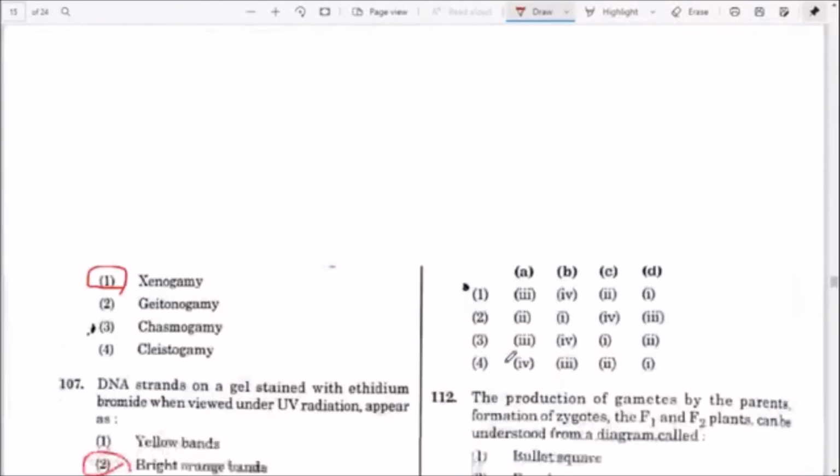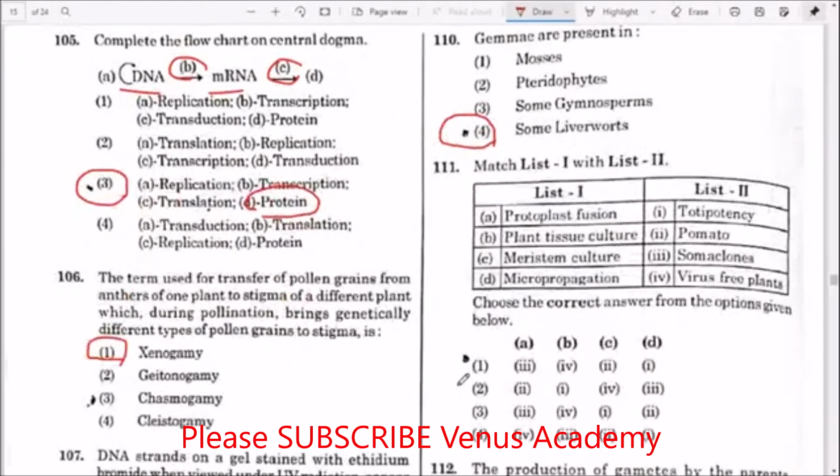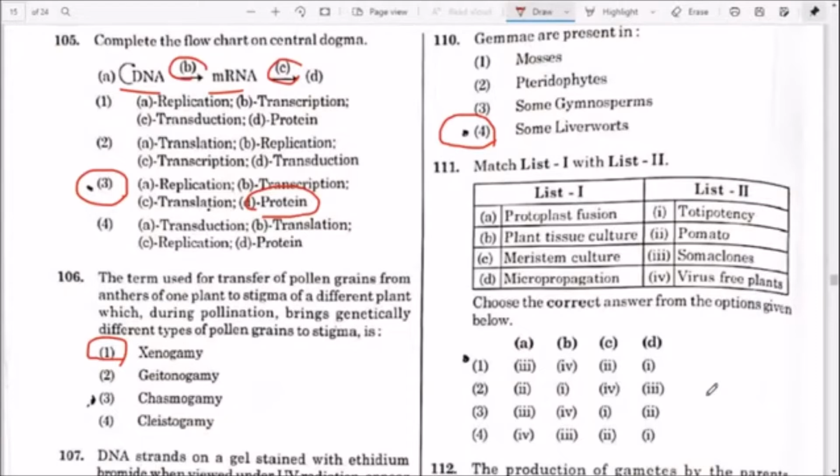Next question number 110. Gemmae are present in some liverworts. Match list 1 with list 2. Protoplast fusion, plant tissue culture, meristem culture, micropropagation; that is totipotency, pomato, somaclones, virus-free plants.